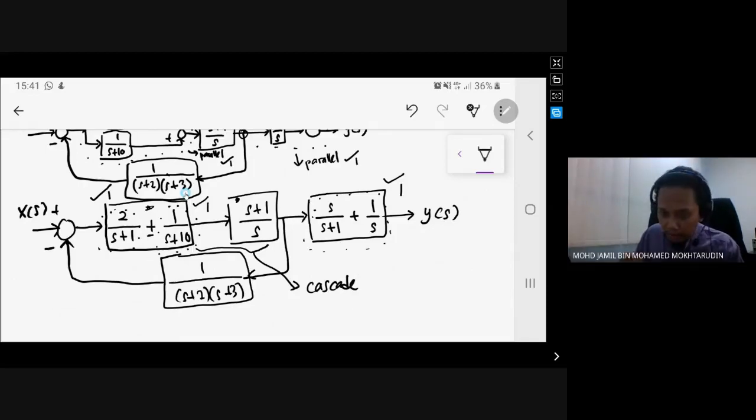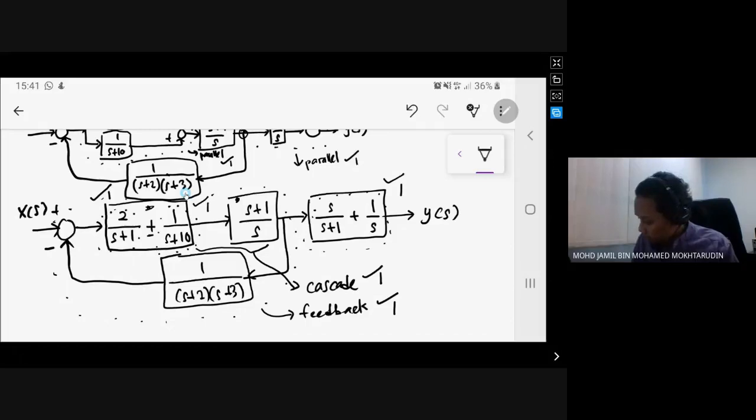And then you can also say that this feedback arrangement here is feedback. So if you have cascade, 1 mark, feedback, another mark. And then you can simplify.